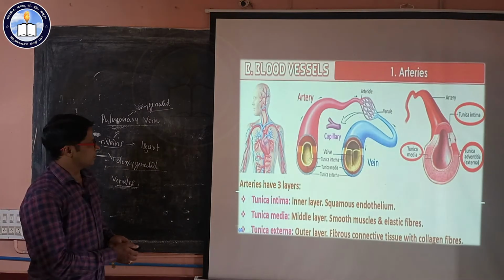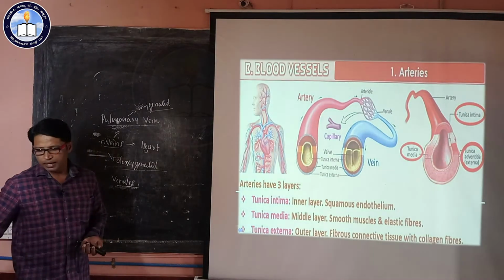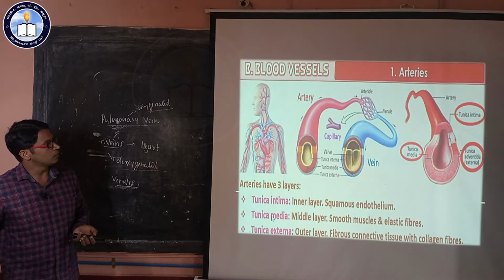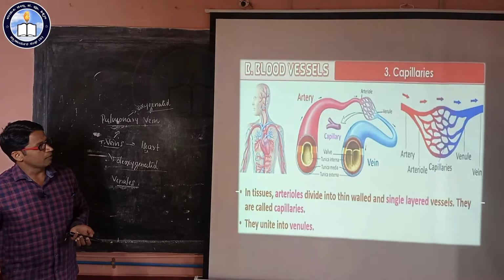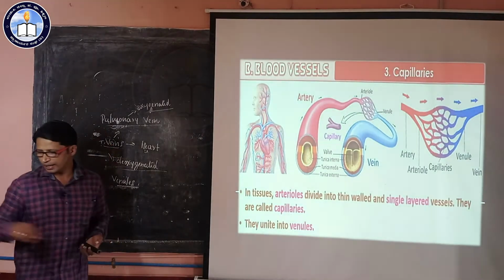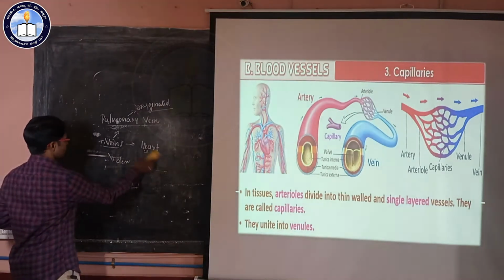So next, we saw the arteries with tunica intima, tunica media and tunica externa. Next we are moving to the capillaries. Another kind of blood vessel is called capillaries.